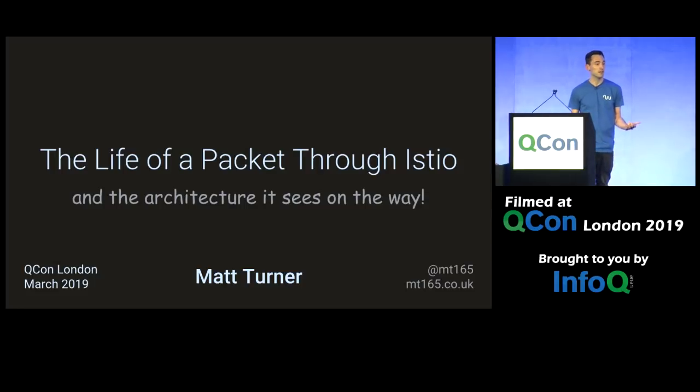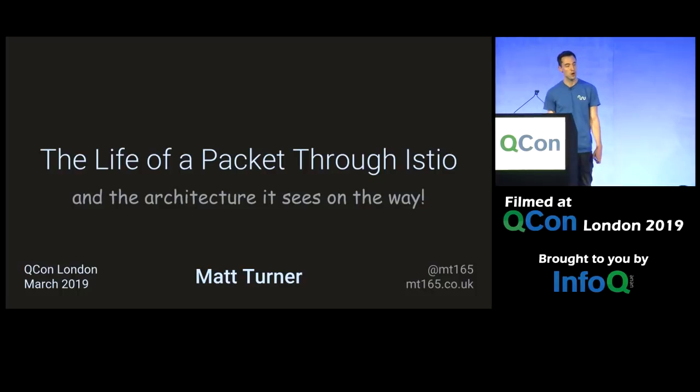So if anybody's here to learn about Istio, because you saw it in the name, I know it's a new cool thing that a lot of people are interested in. I'll spend about 5 minutes on the pitch, on what it does and why. But then I'll dive in fairly deep on how it works. We'll look at the architecture of why it's built the way it is, because I think that's really interesting, which is why I was asked to give this talk.